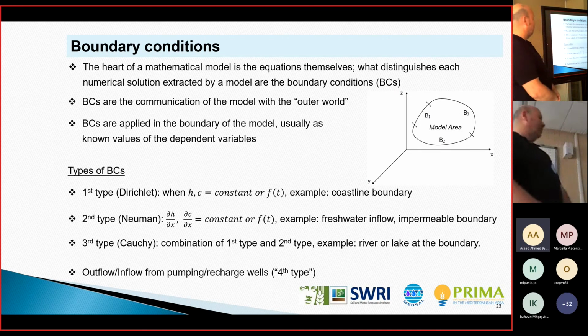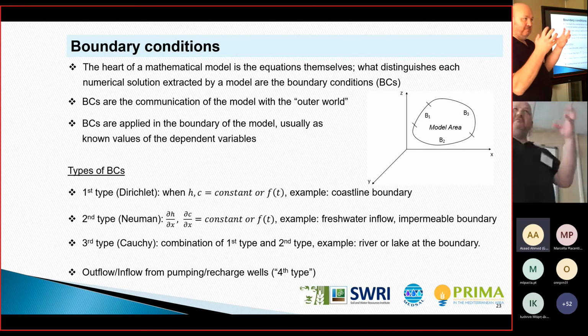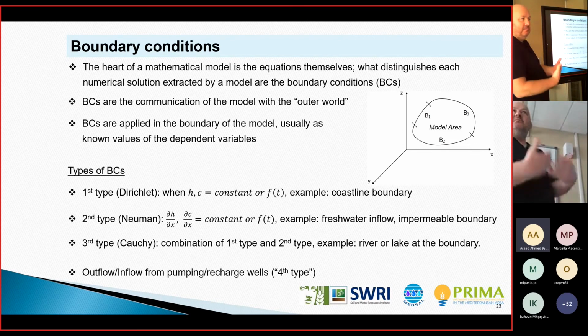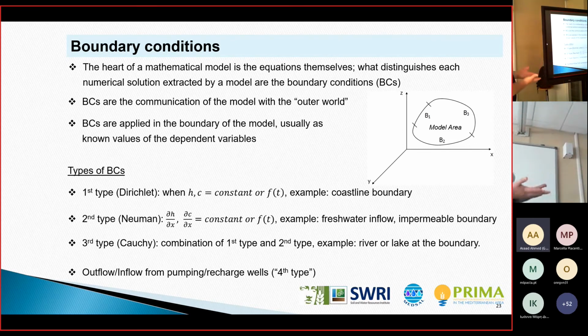Yes, we have the groundwater model, and in our model we represent the fact that there are pumping wells. There are boreholes that pump water, extract water from the aquifer. So this should be included in the model.